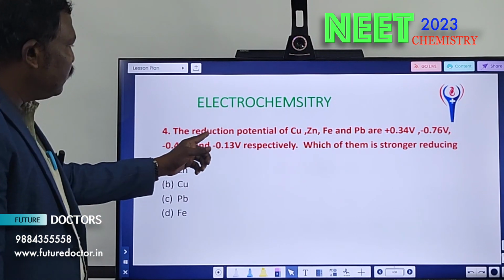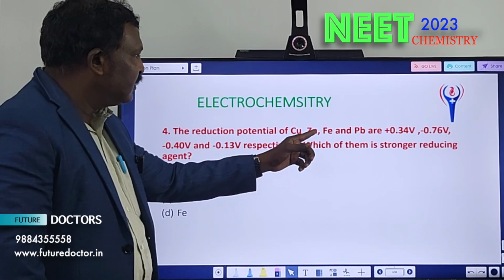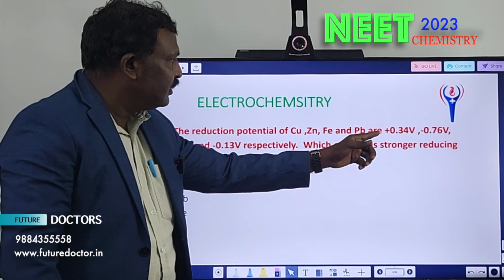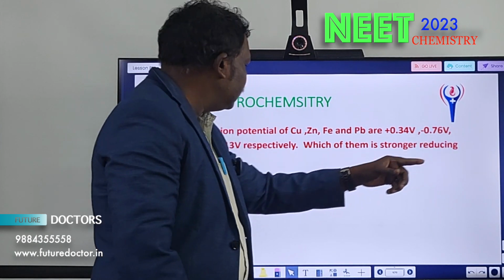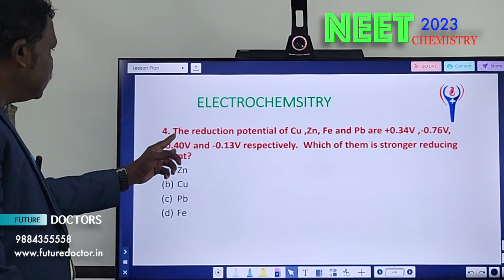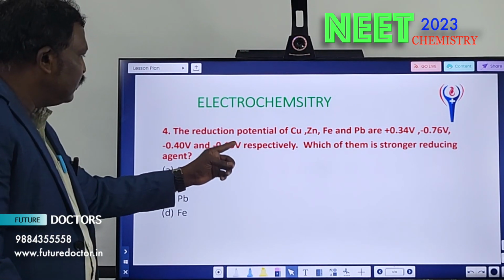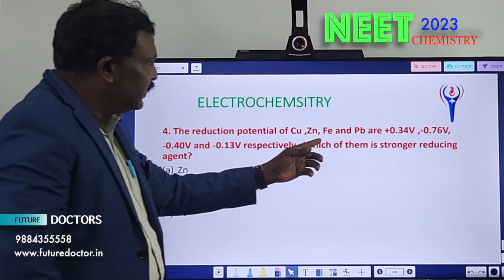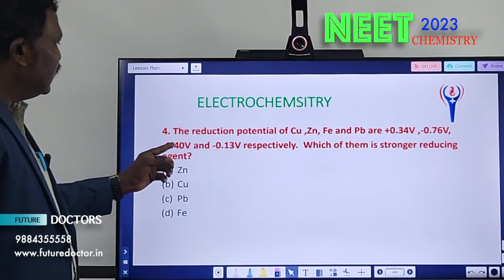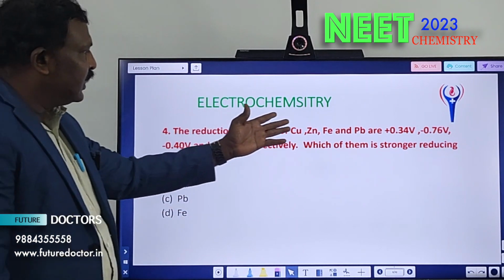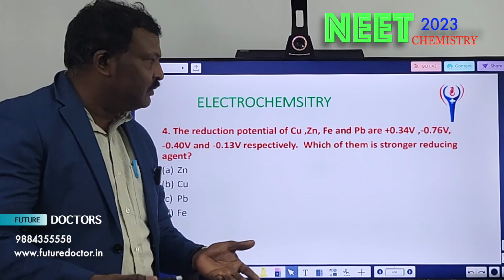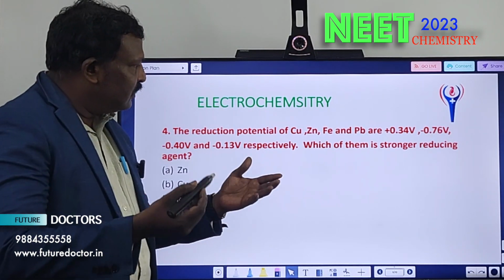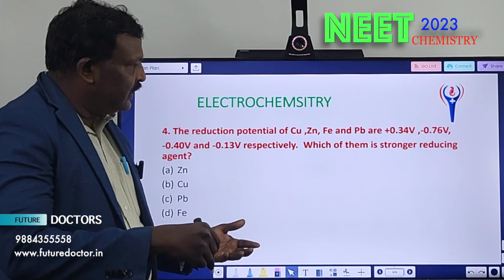Fourth one: the reduction potentials of copper, zinc, iron and lead are plus 0.34 volt, minus 0.76 volt, minus 0.40 volt and minus 0.13 volt respectively. Which of them is the stronger reducing agent? They have given four metals. From the electrode potential value only we can decide which one is stronger, which one is weaker, which one is the oxidizing agent, which one is the weaker reducing agent.